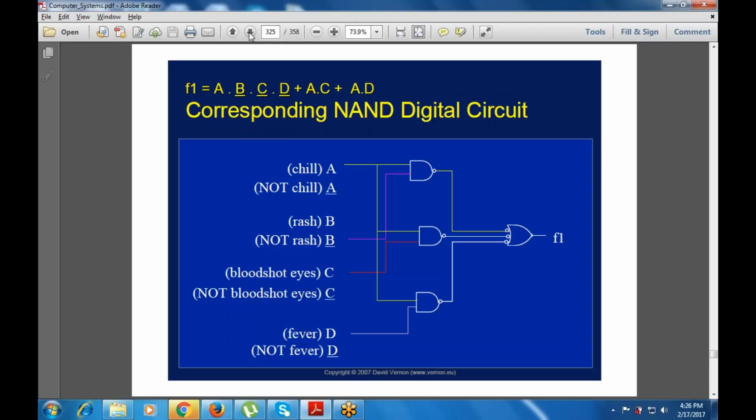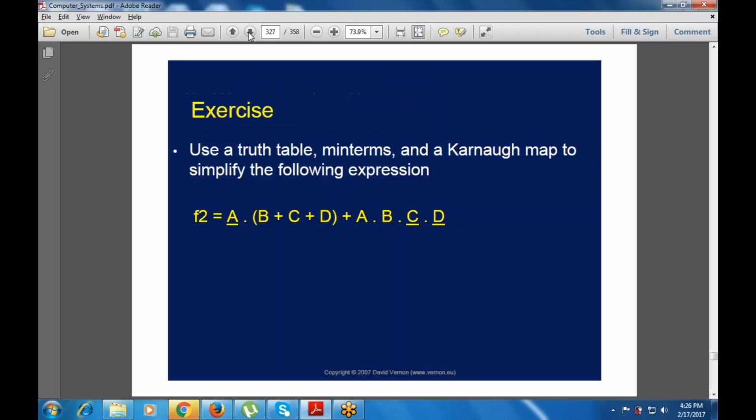This is the next tool that is used with the OR or the NOT, OR gate, AND gate. So use a truth table, min terms, and the K map to simplify the following expressions.